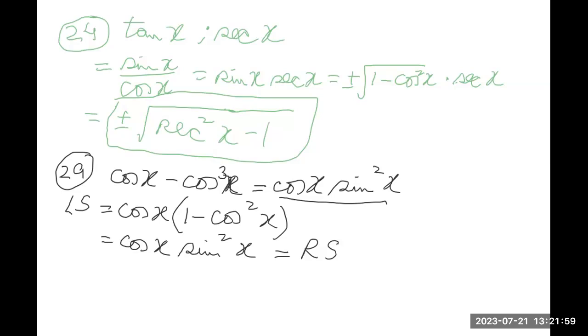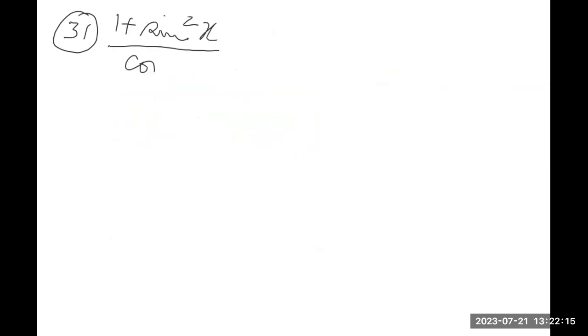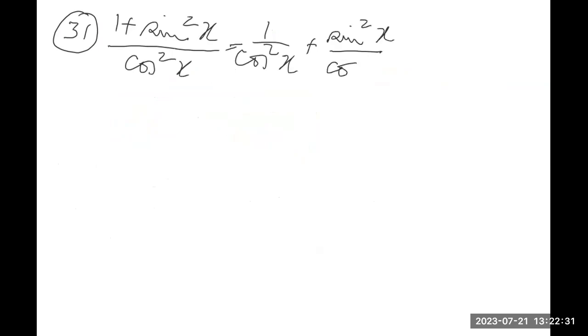Let's look at number 31, in which we have to show that 1 plus sine square x over cosine square x equals 1 over cosine square x plus sine square x over cosine square x.